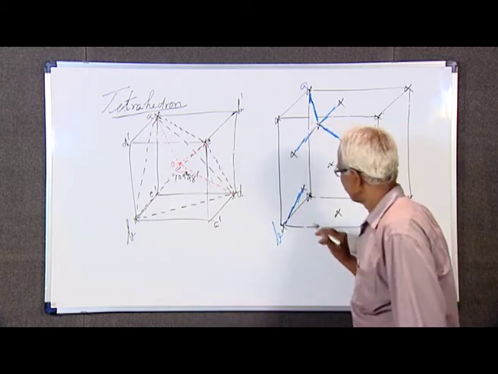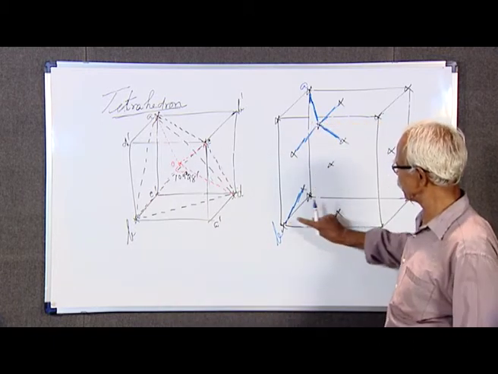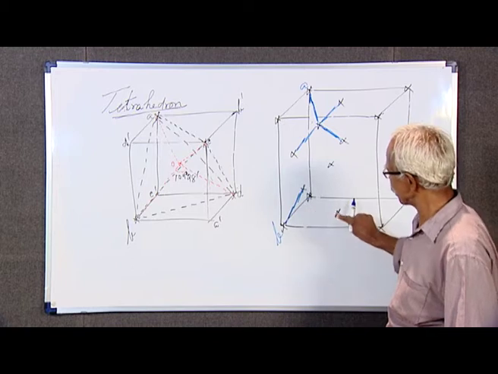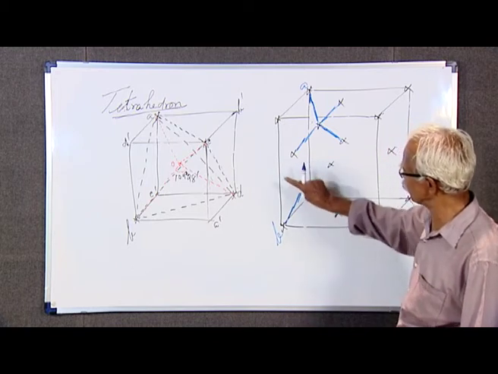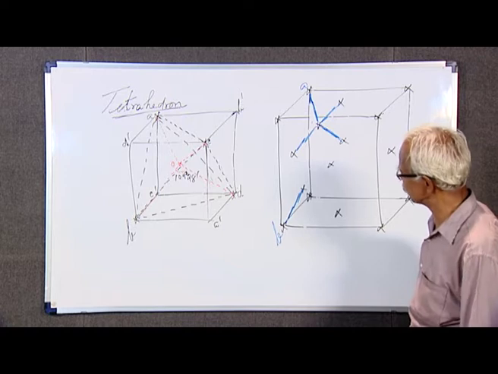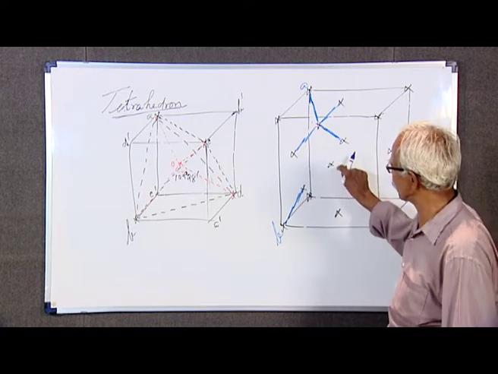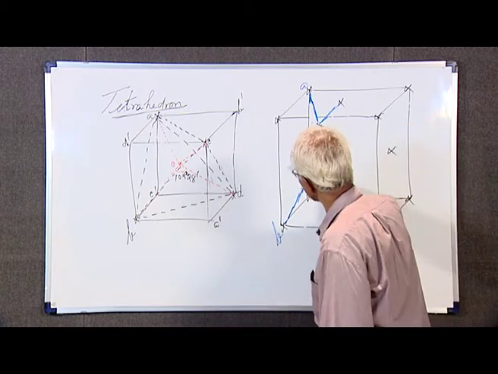Then 3 faces meet here. Which are the face centers? The faces which meet here are bottom face, left face and front face. Take their face centers and join them.